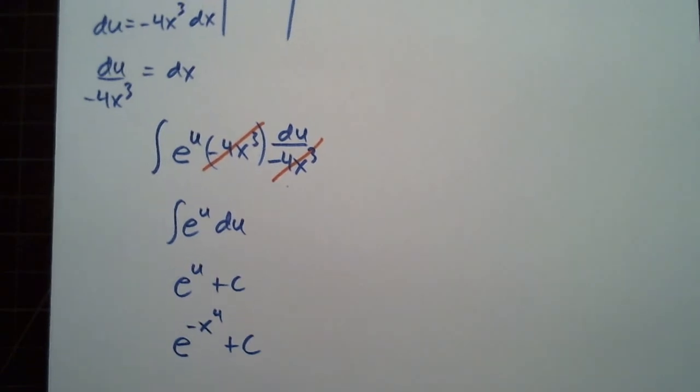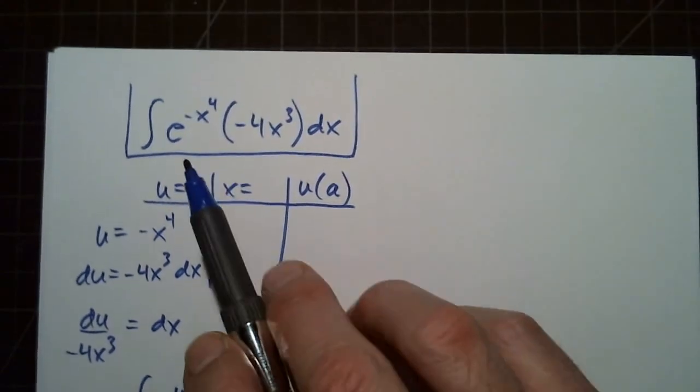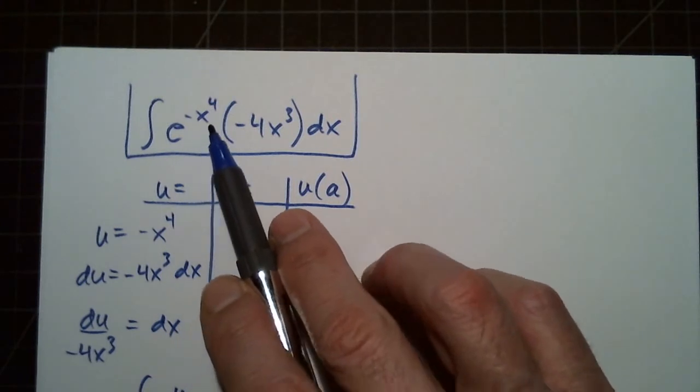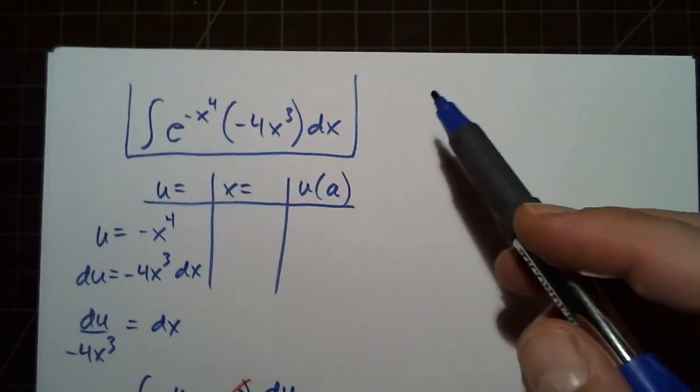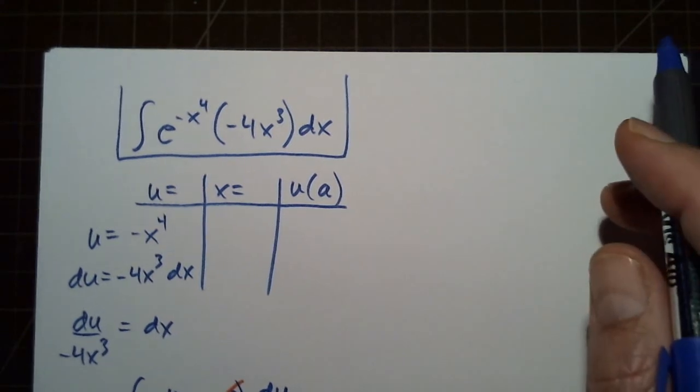So when we do an antiderivative of an exponential, we're going to focus on the exponent as being u.